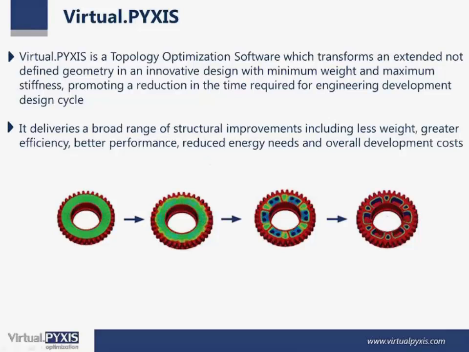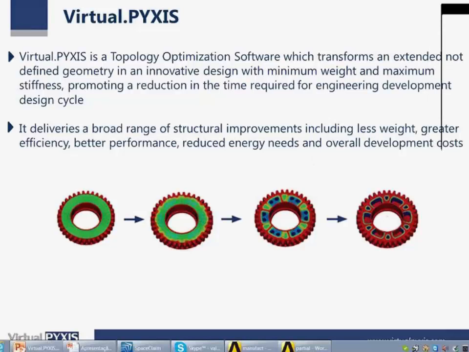By using this, the software delivers some improvements, including, for example, less weight and greater efficiency, better performance, and also reducing your development costs, because you get the final result faster and with less material.